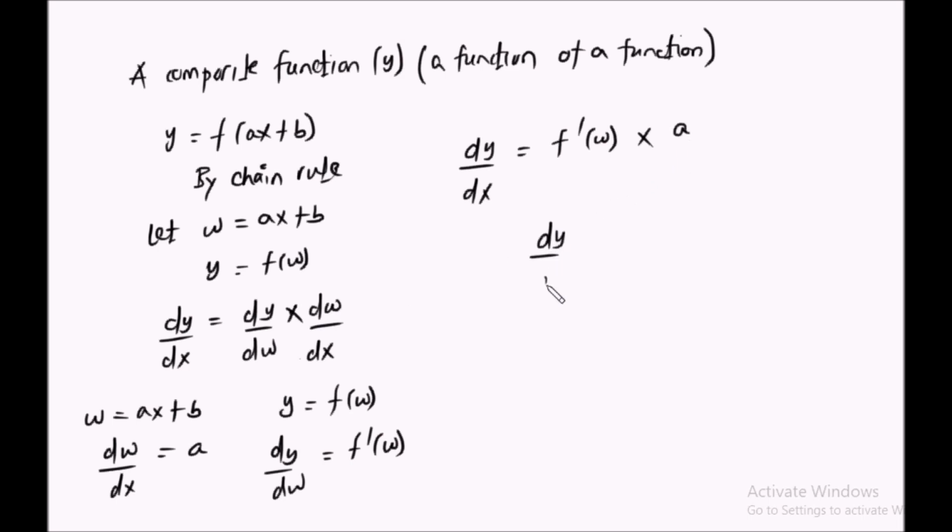So our dy dx itakuwa sasa na a f dash w. Okay, so our dy dx ni sasa na a times f dash, remember w ni nini? Ax plus b.